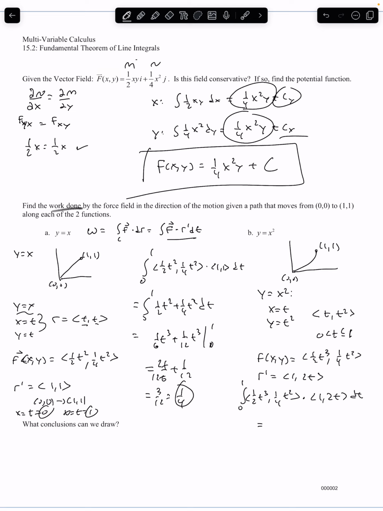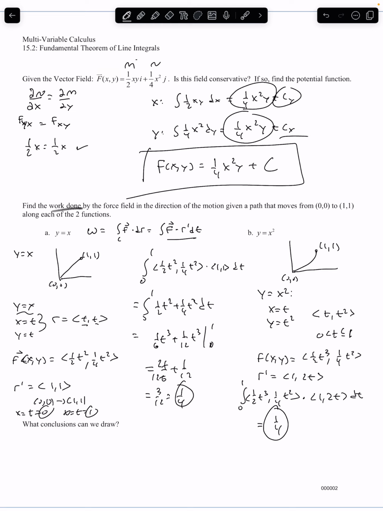And if you integrate this, you are going to get 1/4 again. But what I want you to notice is we do get 1/4, the same answer regardless of the path. And that's really the whole point of this lesson today. If we know a vector field is conservative, it is what we call path independent.